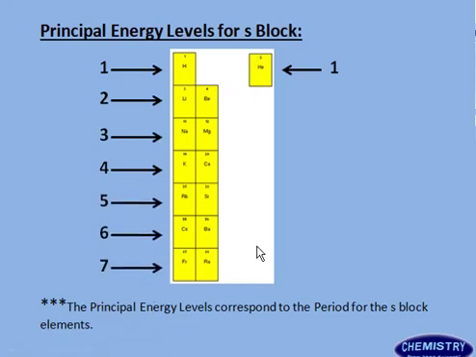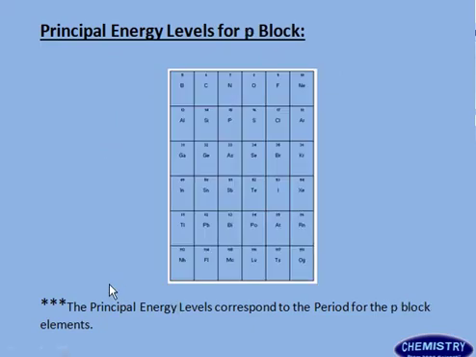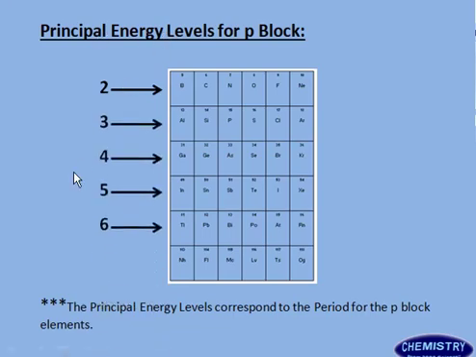So for the S block, principal energy levels correspond to period. For the P block, it's the same way. Only recall that the P block has no period 1 elements, so we pick right up with period 2, and that corresponds to principal energy level 2. And the P block carries on in that same correspondence, 2 through 7.